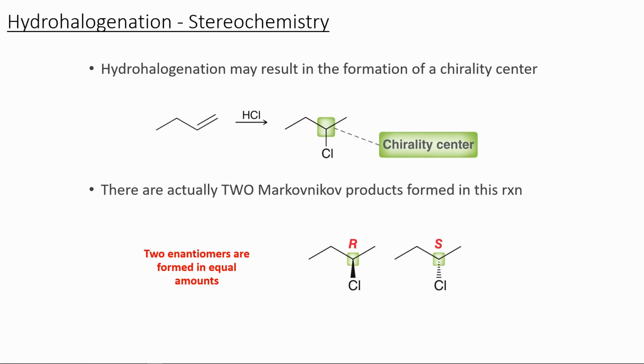In some cases, we might obtain a chiral center from an addition reaction. Here's an example where that would be true. When we form the new carbon-chlorine bond, we're going to form a new chiral center. So in this case, we'll have a racemic mixture, a 50-50 mixture of the two enantiomers, and these two enantiomers will be formed in equal amounts.